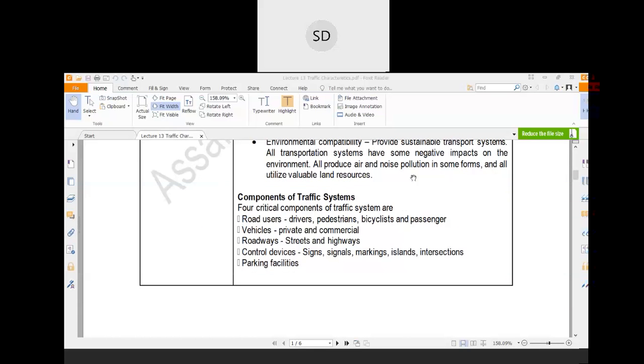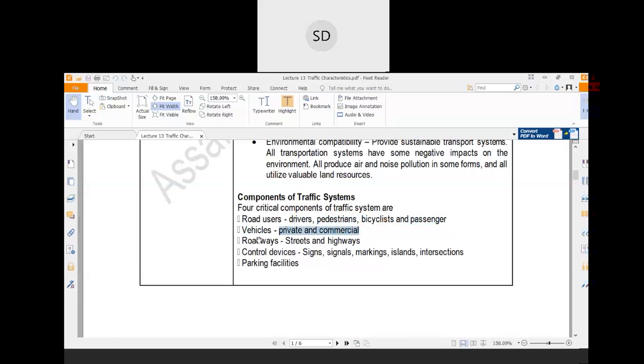Now, components of the traffic system. If we discuss the components, there are road users. Among the road users, generally there are drivers, pedestrians, bicyclists, and passengers. Okay. Then vehicles. These vehicles are primarily divided into two parts: either private vehicles or commercial vehicles.